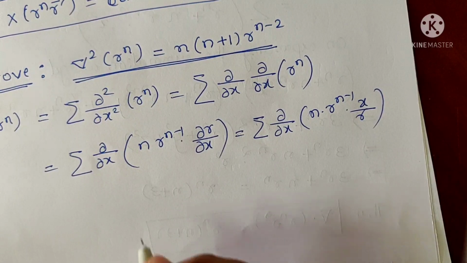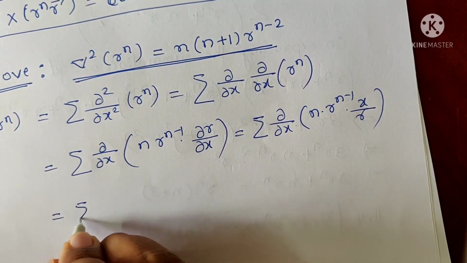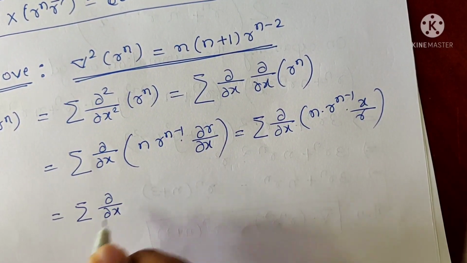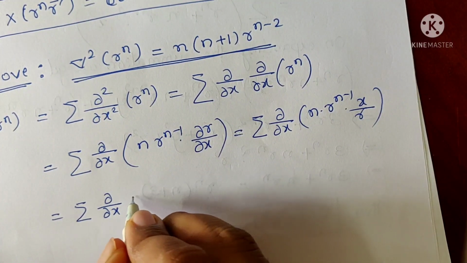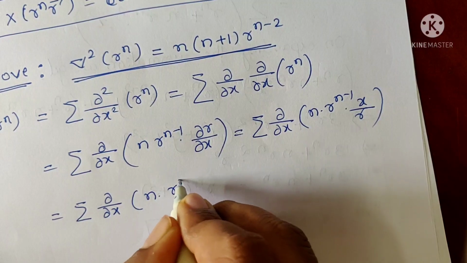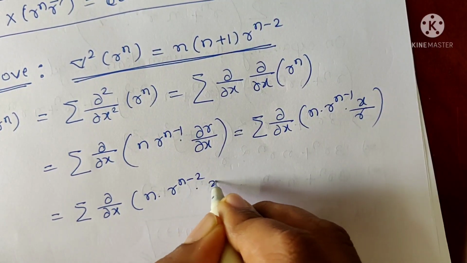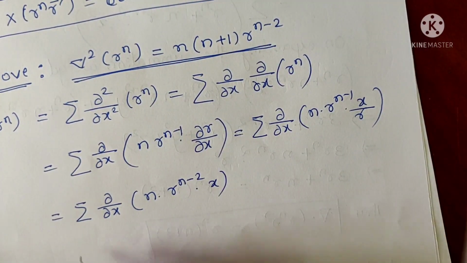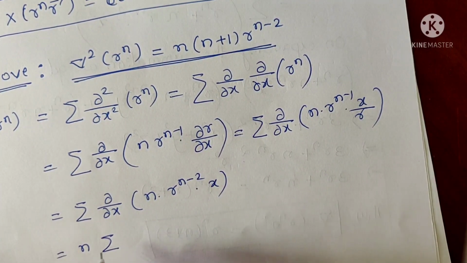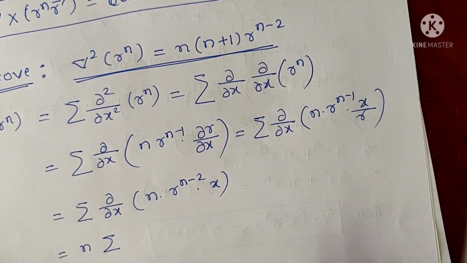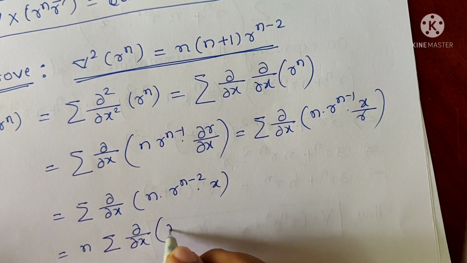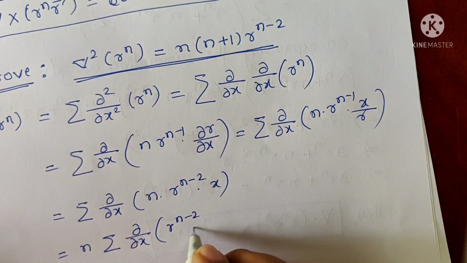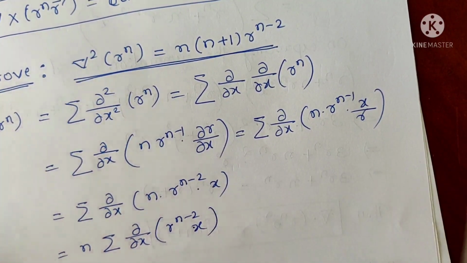So this is equal to summation of dou by dou x of n into r raised to n minus 2 into x. We'll take n outside, it's a constant. Then summation of again dou by dou x of r raised to n minus 2 into x.